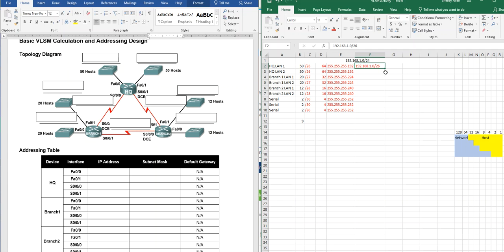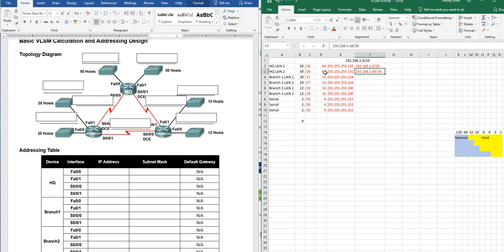192.168.1.0. Now remember that 0 is your starting point when working with IT, and that really throws people a lot. But by starting with 0, 0 is your first number. I'm going to increment by the number that this accommodates for. So we said this accommodates for 64. That means the next number that I would have would be the 64.